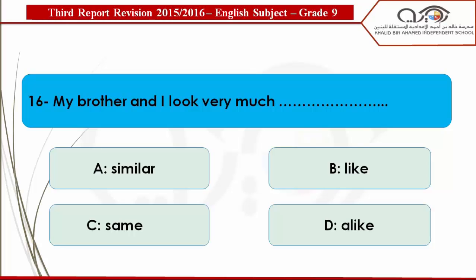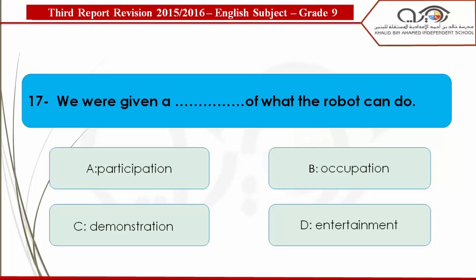My brother and I look very much similar, like, same, or alike. D, alike. They look alike. Exactly. Also, similar could be a suitable answer. We can also say similar, but alike is a stronger answer. We were given of what the robot can do.